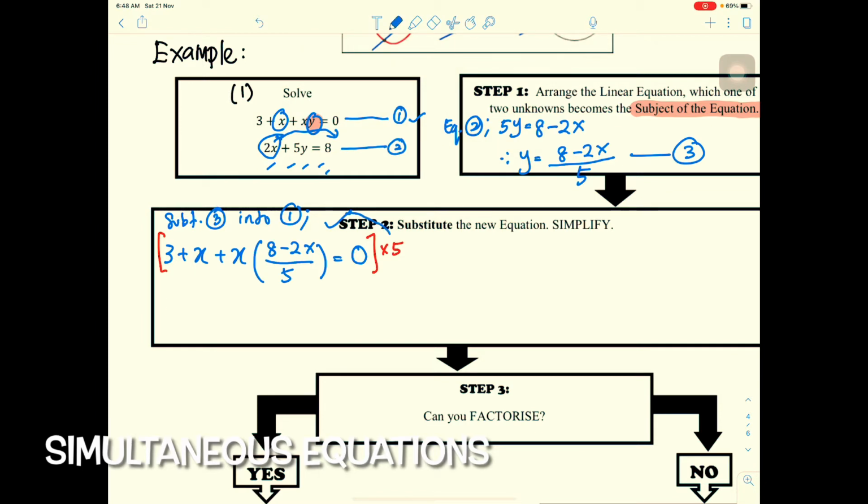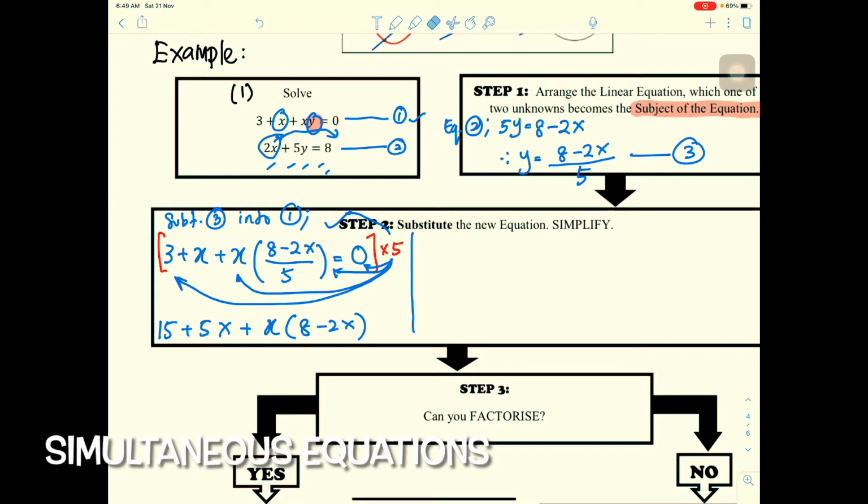Expand each of the terms. So we get 15 plus 5x, plus x times 8 minus 2x. The 5 and 5 here are already simplified.